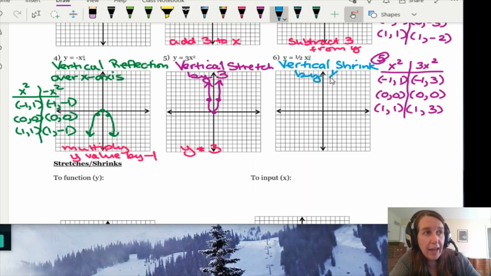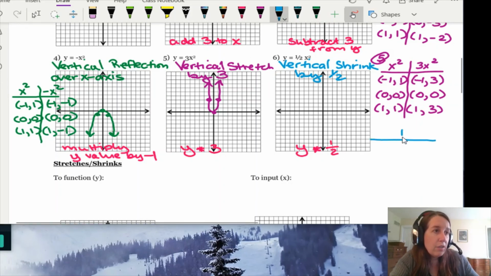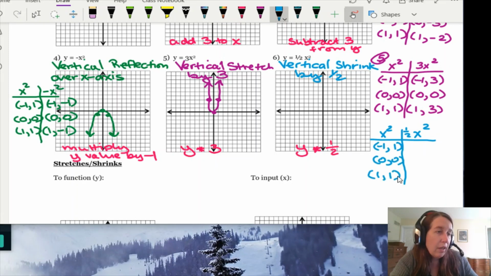What we're going to do is take all the y values and multiply them by a half, or divide them by 2, same thing. So in our chart, here's x squared, here's 1/2 x squared. Now take all the y values and multiply them by a half.